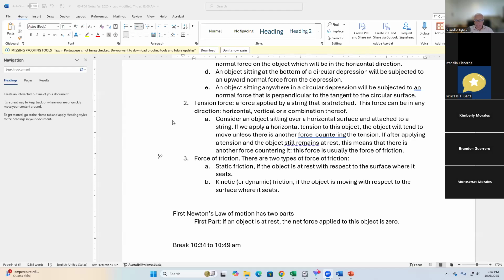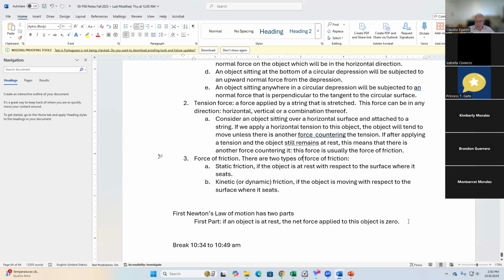I'm back here. Let's share the screen. Okay, first part of Newton's law: if an object is at rest, the net force applied to this object is zero.